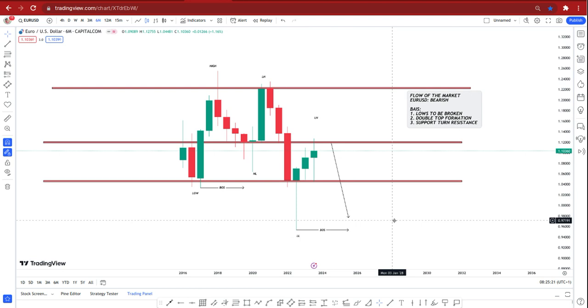So with this, I just need to tune in a little bit more so that I can see more. But for the flow of the market, I've been able to spot it simply by doing this to tell me that the flow of the market is bearish and I need to look for sales opportunities.